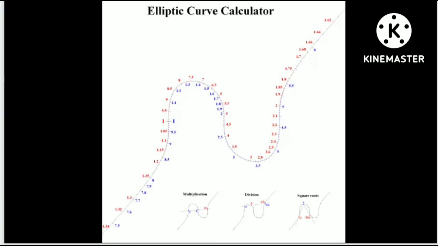Multiply two numbers together, find them ignoring the decimal place, and x are represented by the same point in the same color, and draw a straight line through them. This will intersect the elliptic curve in a third point. Read the result on the opposite color scales. This is the product of two numbers.